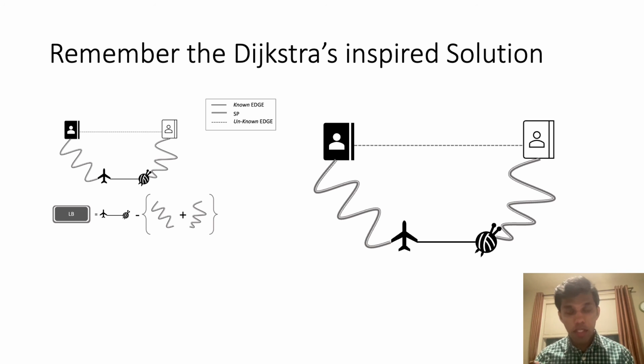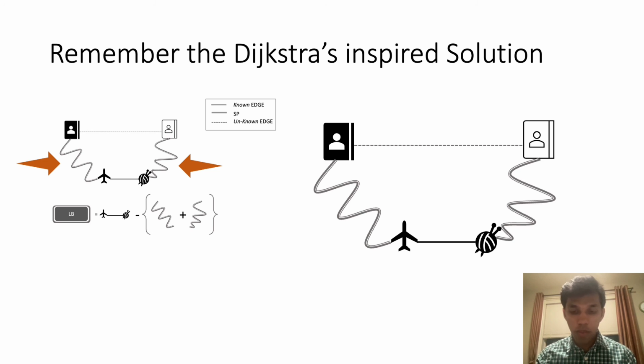To give you an insight on designing algorithms for large graph settings, we would like to take you back to the Dijkstra-based solution once again, and point out a key step there. Here you can see that for calculating the lower bounds, we have used the shortest path between known edges and unknown edge endpoints.